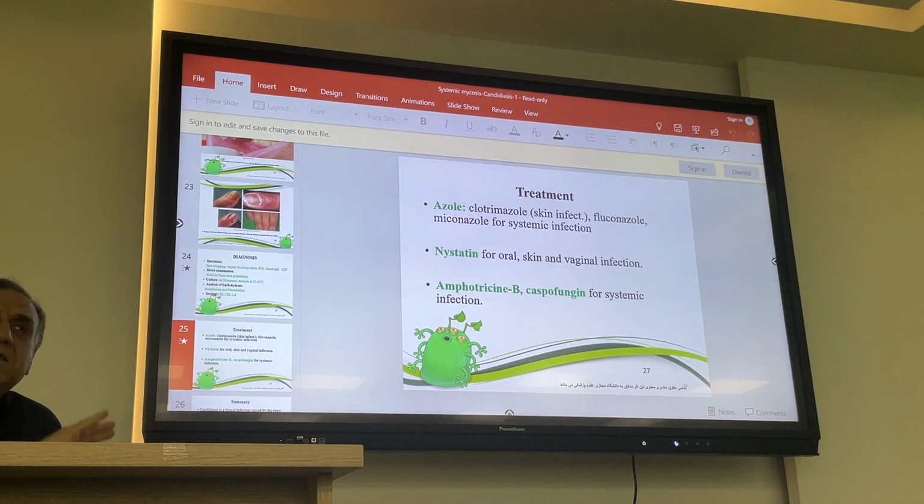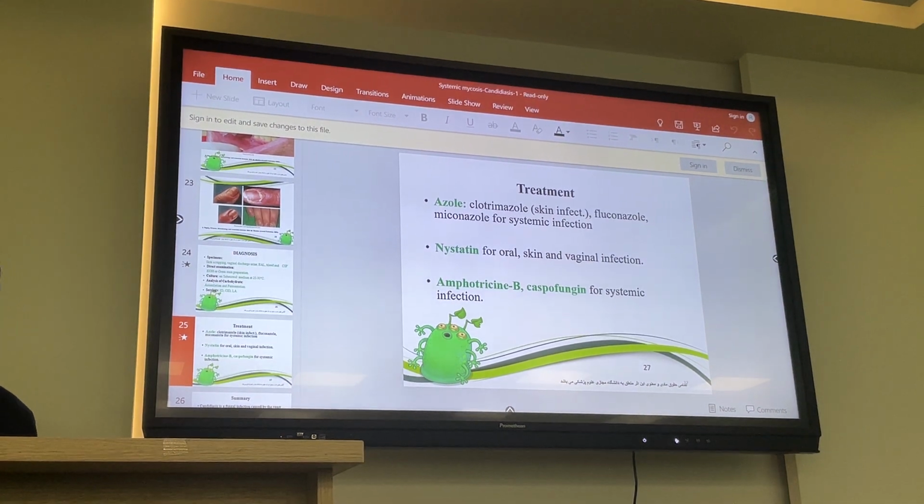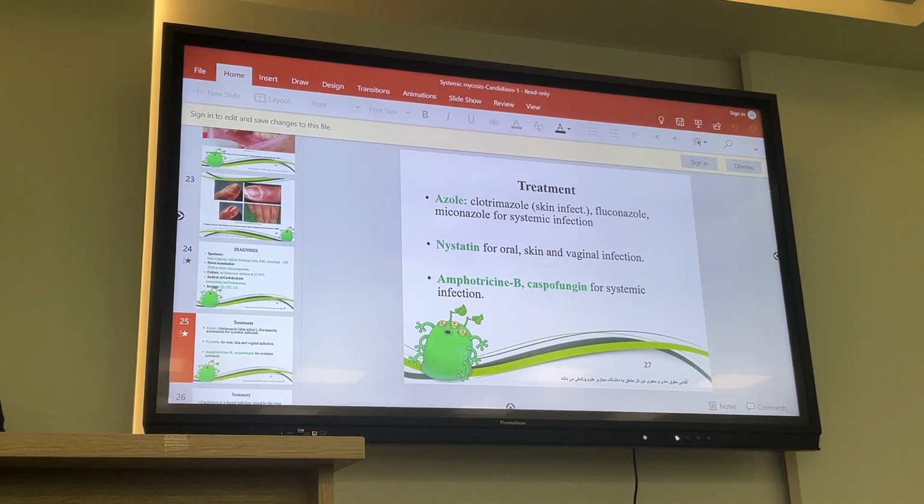It hasn't GI tract absorption. In this condition, can we use this nystatin for treatment of the duodenal infection? Why not? Maybe no.